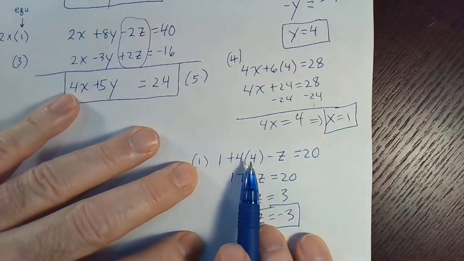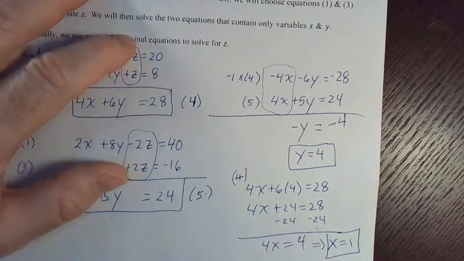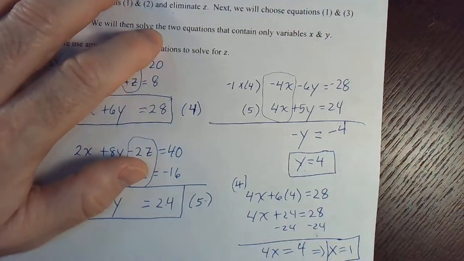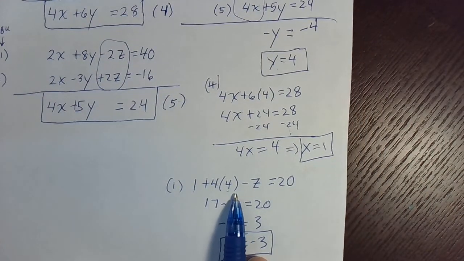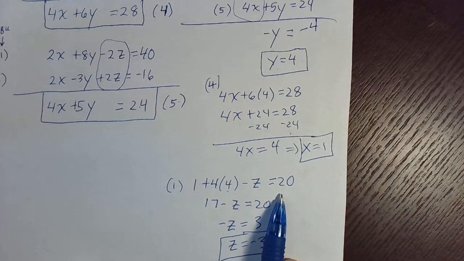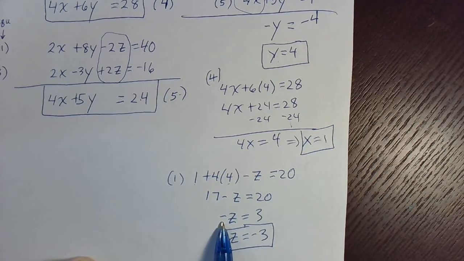Let me make sure we did that correctly. x is 1 and y is 4. So 1 plus 16 minus z is equal to 20. And that means 17 minus z is 20. Negative z is equal to 3. Yeah, z is negative 3.